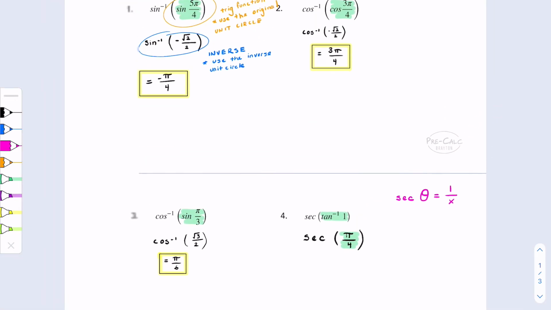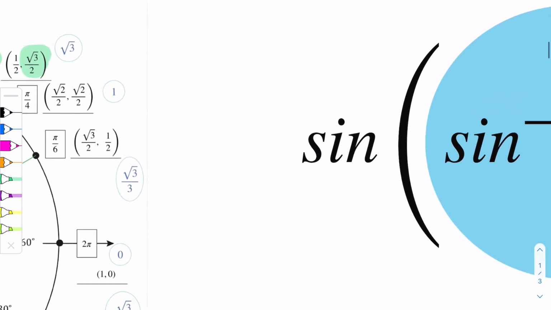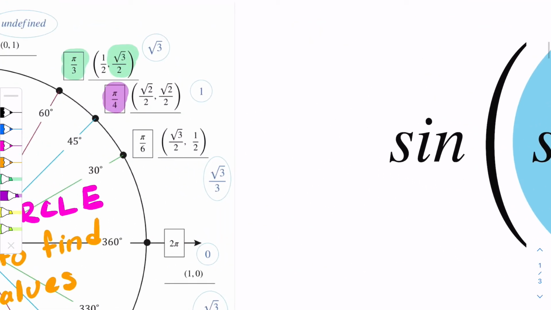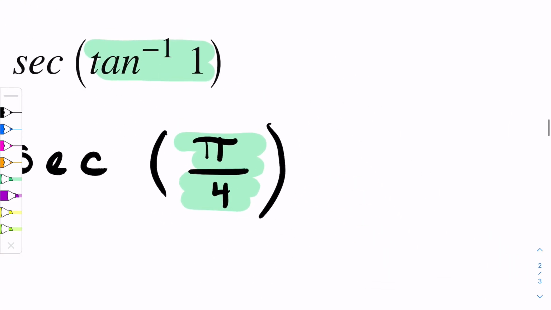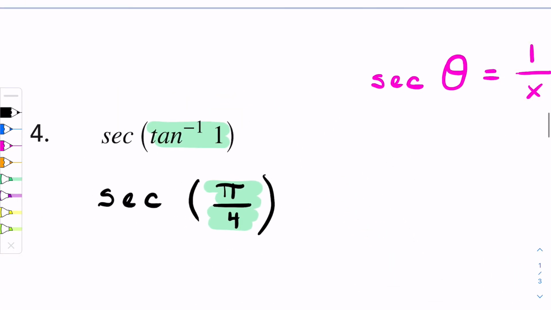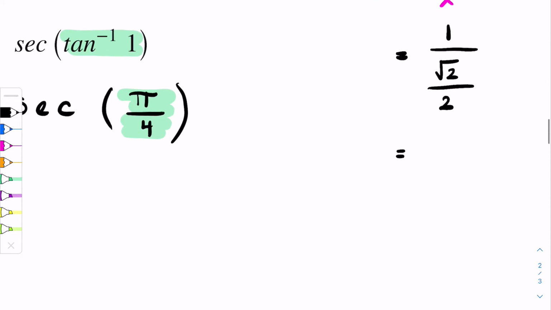If we look at our original unit circle at pi over 4, our x value is square root of 2 over 2. And that's all we're going to need to find the secant value. So if we calculate this, we have 1 over square root of 2 over 2, of which we can multiply by the reciprocal.